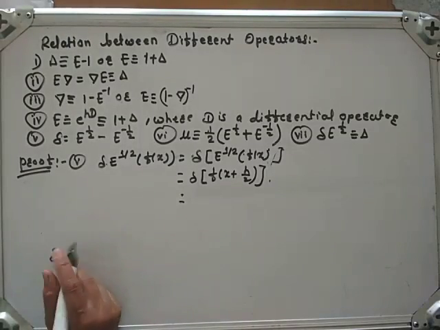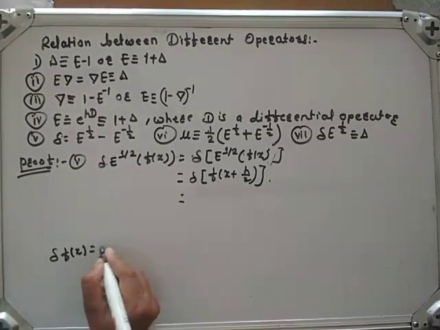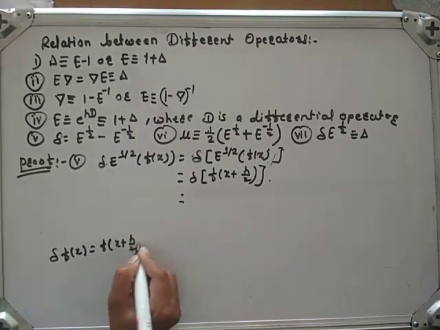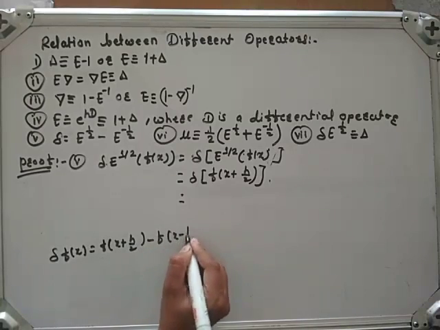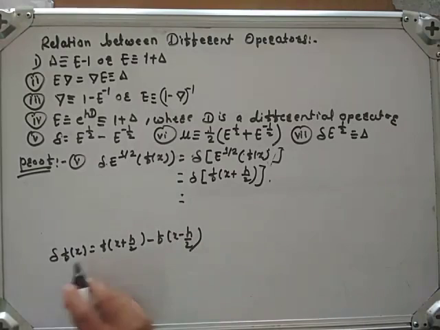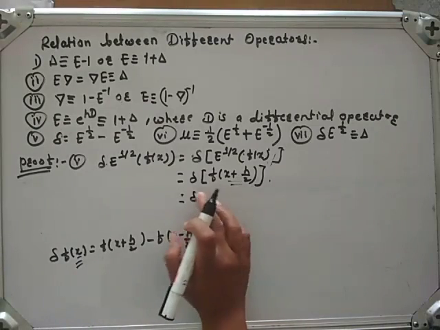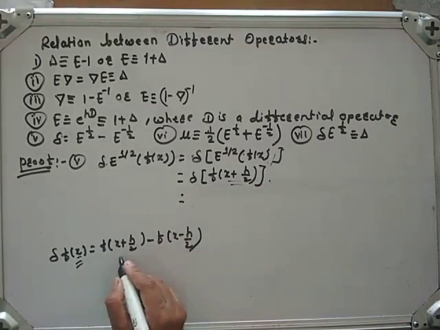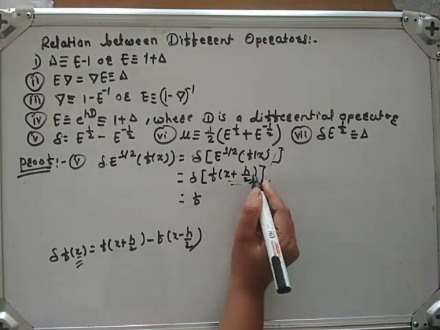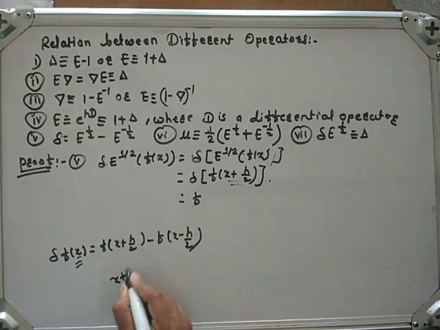Let us see here. Delta f of x is f of x plus h by 2 minus f of x minus h by 2. So here x is replaced by x plus h by 2. Therefore delta of f of x plus h by 2 is f of x plus h by 2 plus h by 2, and h by 2 plus h by 2 is 2h upon 2, which is x plus h.